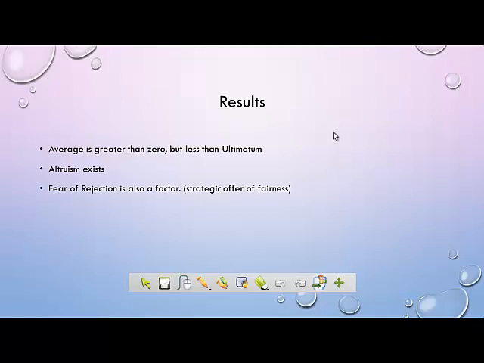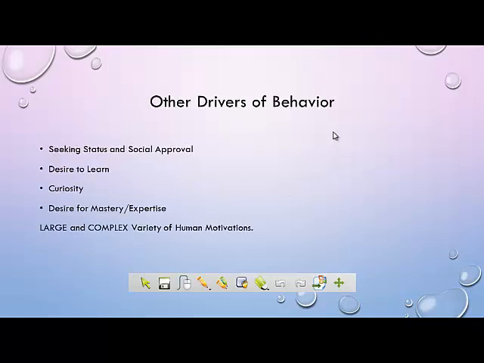They found that the average offer in the dictator game is bigger than zero, so there is altruism, but it is less than in the ultimatum game. So there is also fear of rejection, and both of these factors exist. We also saw that in our class. We saw both fear of rejection and some preference for fairness.